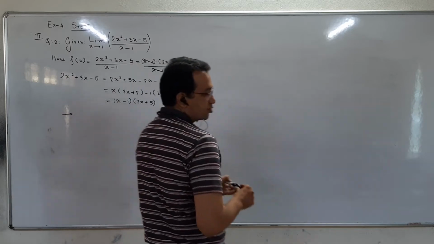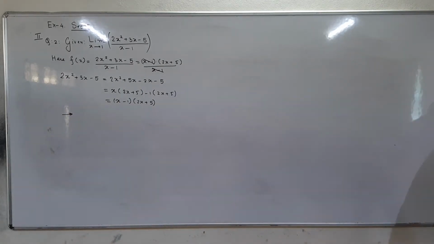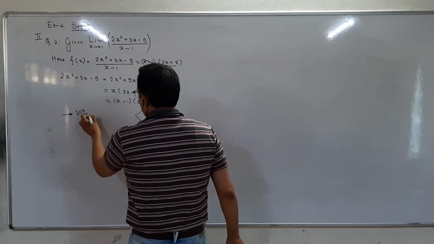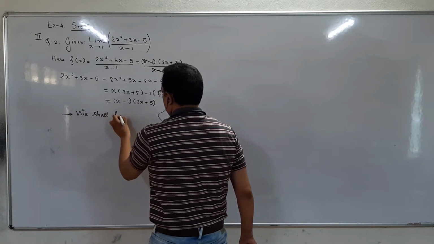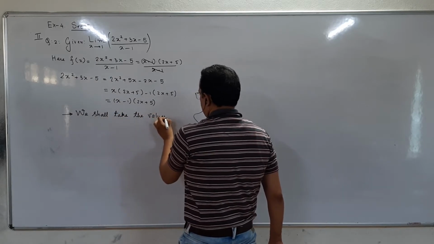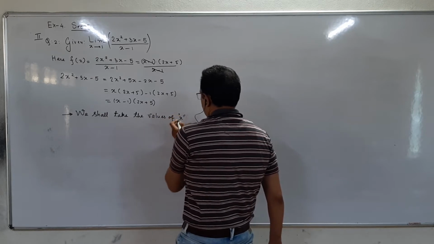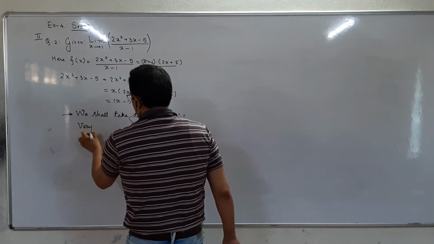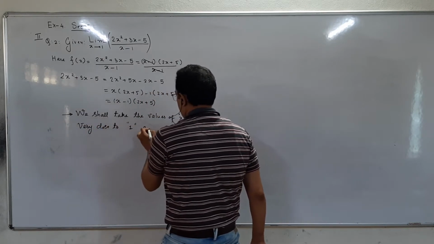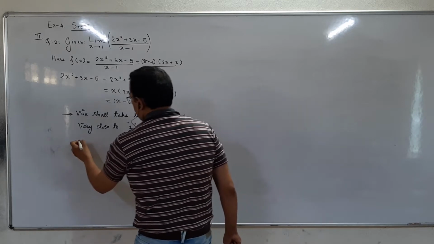Then students, as usual, I am writing the steps exactly as given in the textbook because we have to understand and write this very perfectly. We shall take the values of x very close to 1 and prepare the following table.